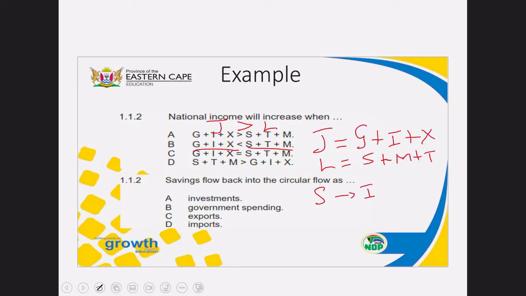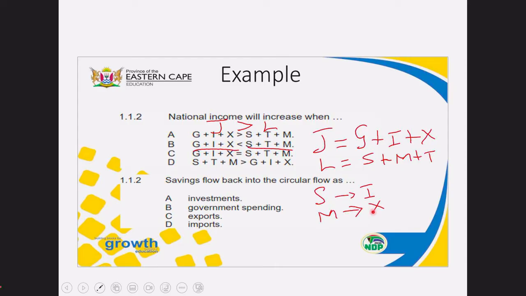Why? Because the money that we save into the financial sector is kept there, and when businesses are looking for money, they will go there and borrow some money in order to invest in their businesses. Again, you've got your imports there. How does that money flow back into the circular flow or into the local economy? It will flow back in the form of exports.